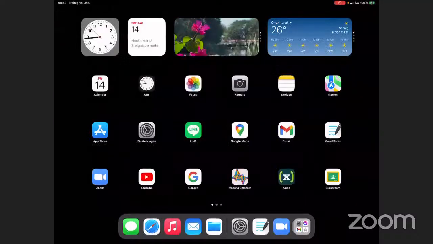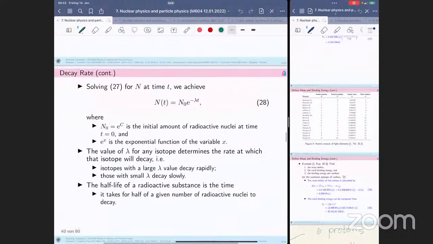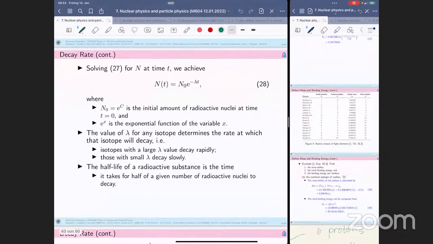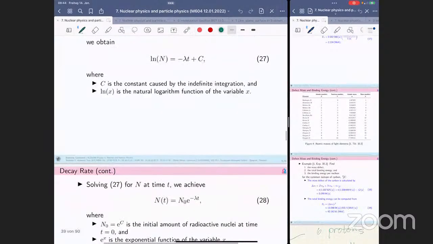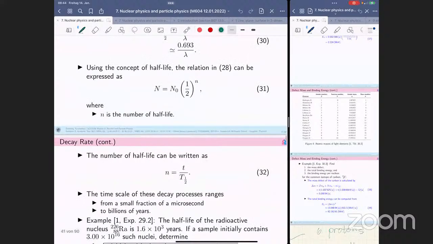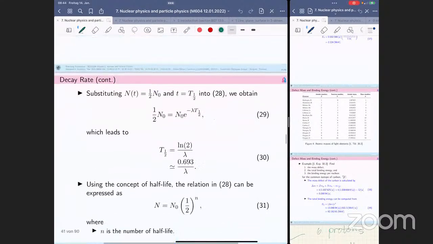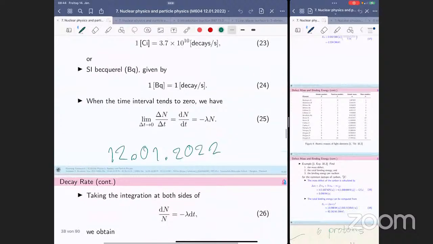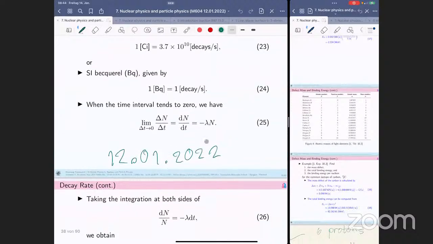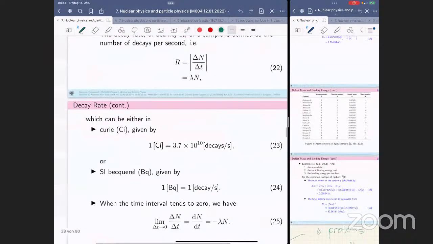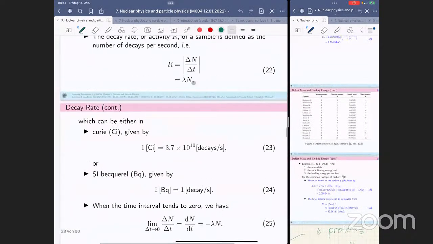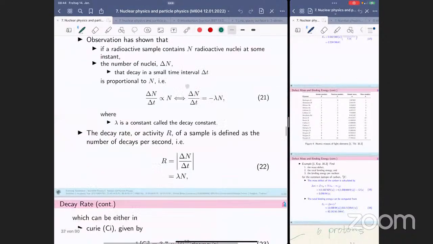We arrived at the decay rate, which is the main topic for us. Last time we will take the limit of the decay rate, which is this one.